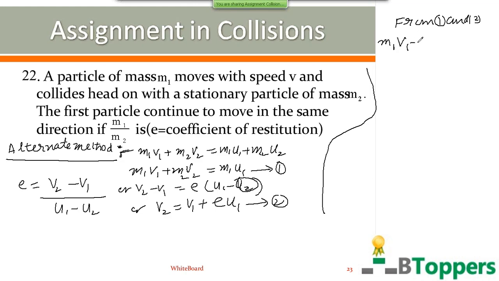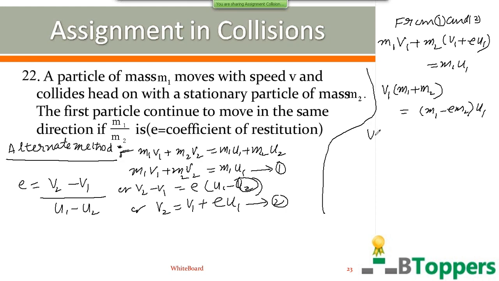So m1 v1 plus m2 into v1 plus eu1 equal to m1 u1. You can solve this equation for v1. v1 into m1 plus m2 equal to m1 minus em2 into u1. That means I'm just deriving the same result which I have directly used in the previous method.